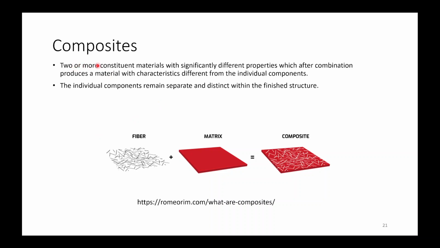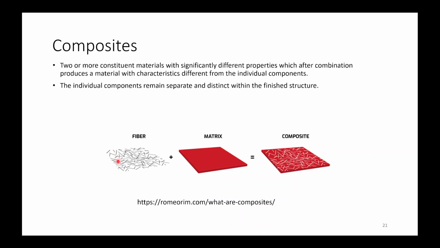So two or more constituent materials with significantly different properties, which after combination produce a material with characteristics different from the individual components. So their characteristics will be different from their individual parts, and the individual components remain separate and distinct within the finished structure. So they will have a physical boundary between them.